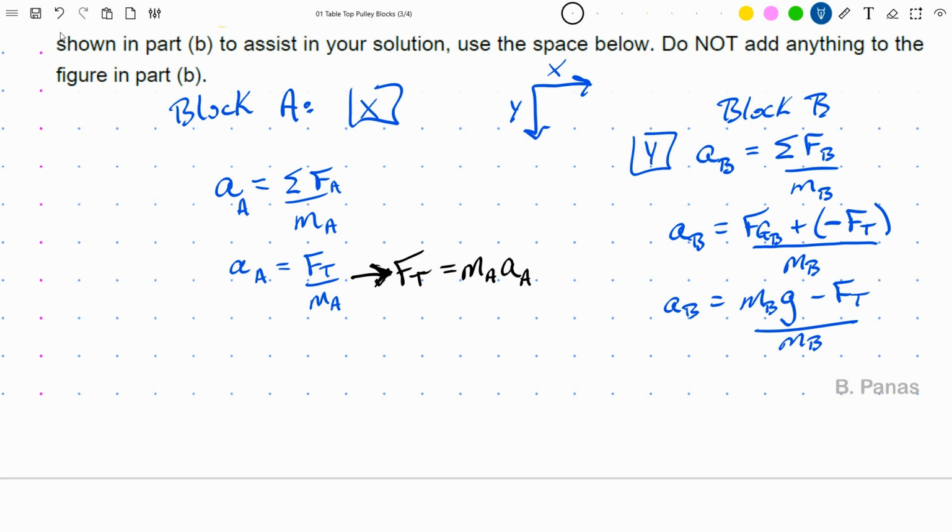This means that anywhere that I see the force of tension, like for example over here, I could replace it with what the force of tension is equal to, m of A times the acceleration of A. So let me go ahead and do that over here.